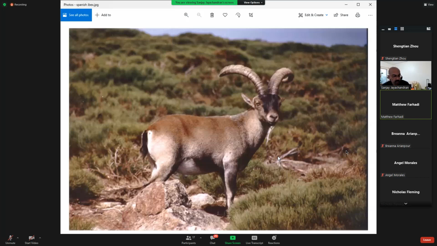Yes. So this is called the Spanish ibex, like a mountain goat. It roamed the area between Spain and France. They knew it was going extinct in the early 2000s. So what they did was they preserved a few cells before that, and they cloned it.